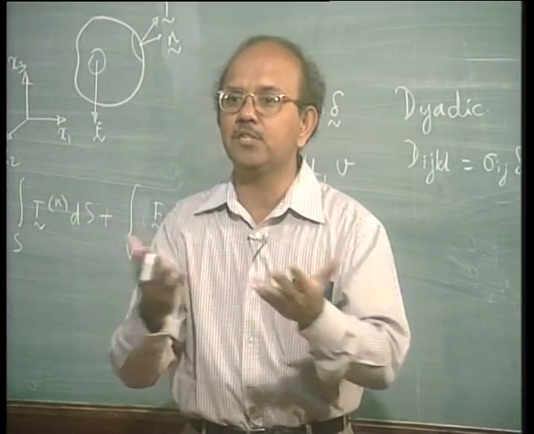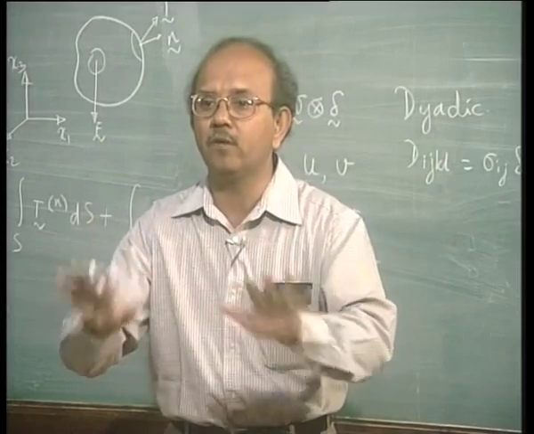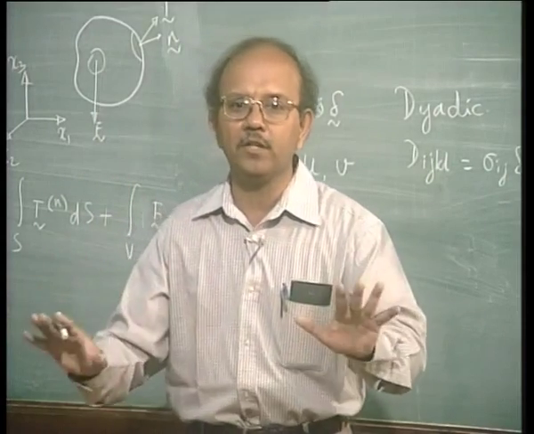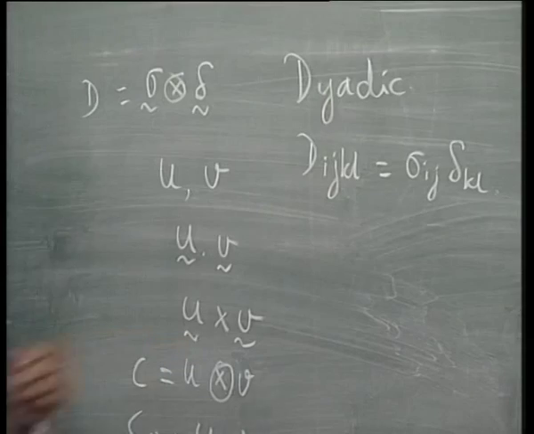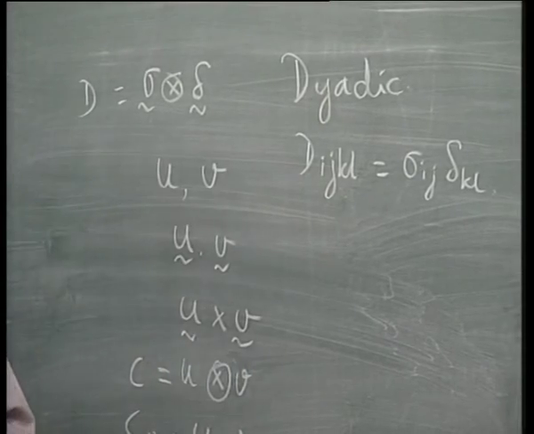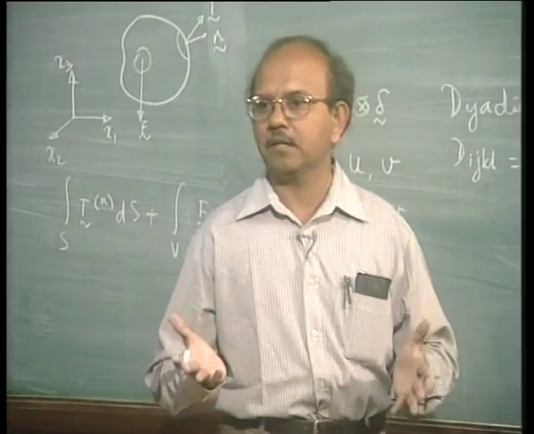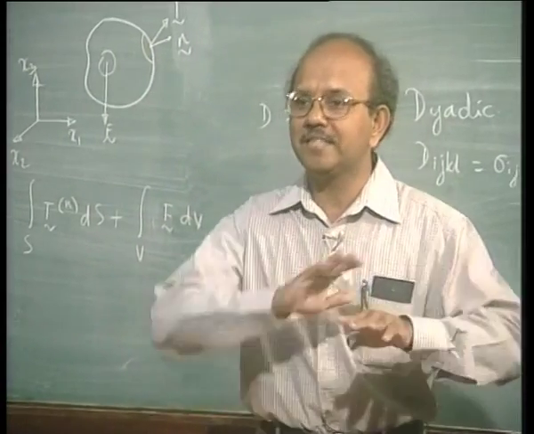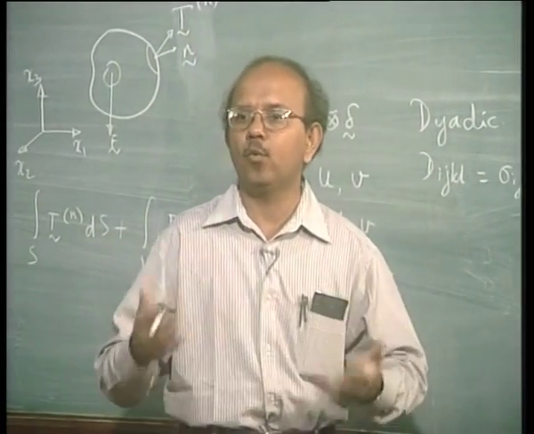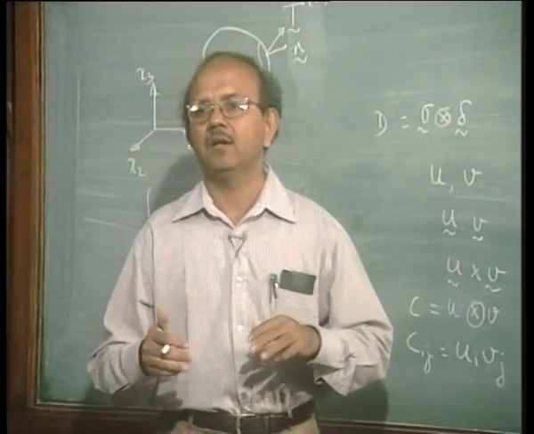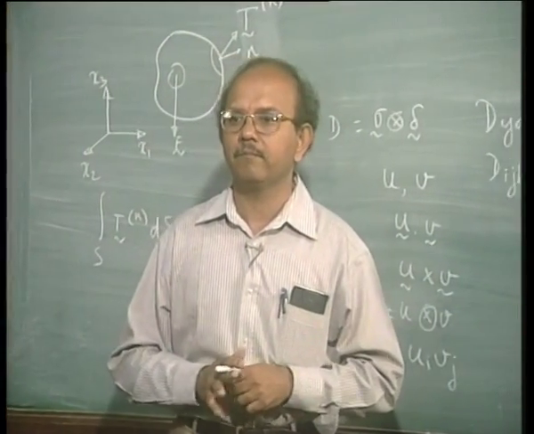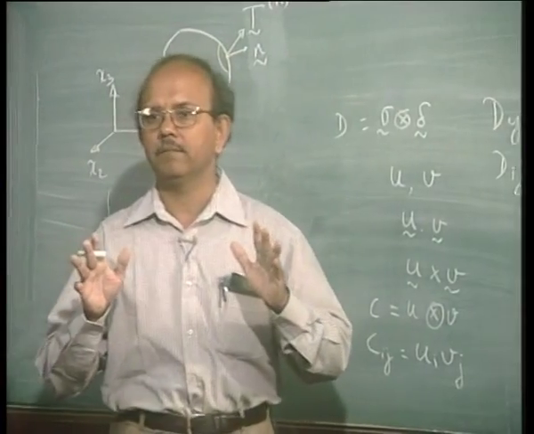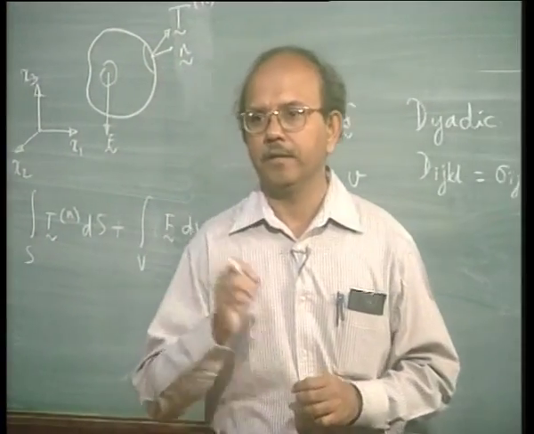I am saying that these quantities will follow the rules of a vector. These quantities will follow dot product, cross product and so on. Is that clear? So once I say these things, I need not worry about looking at rules for these operations.